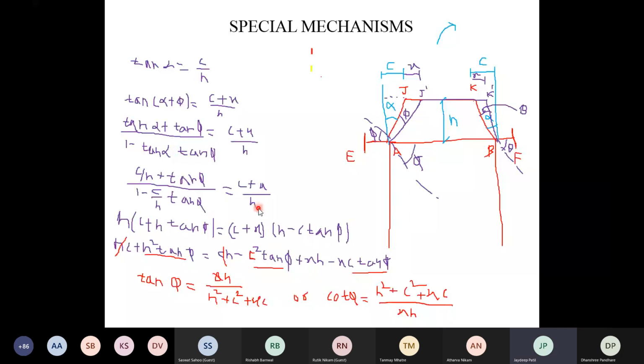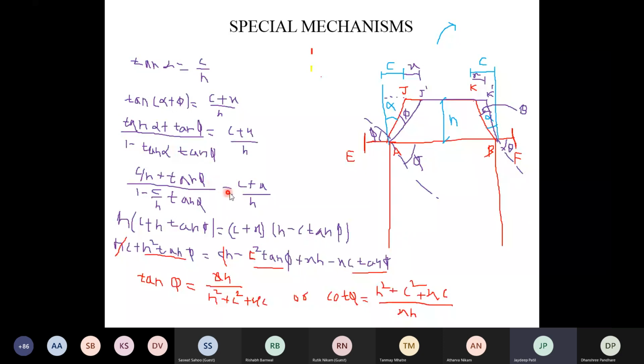Okay. What is the next step? Suppose you have to consider here the left hand side. Here is c by h. You have to do the multiplication here. What will you get? c plus h tan phi divided by h, divided by h. H gets cancelled here. And in numerator and denominator you will get c plus h tan phi divided by h minus c tan phi.